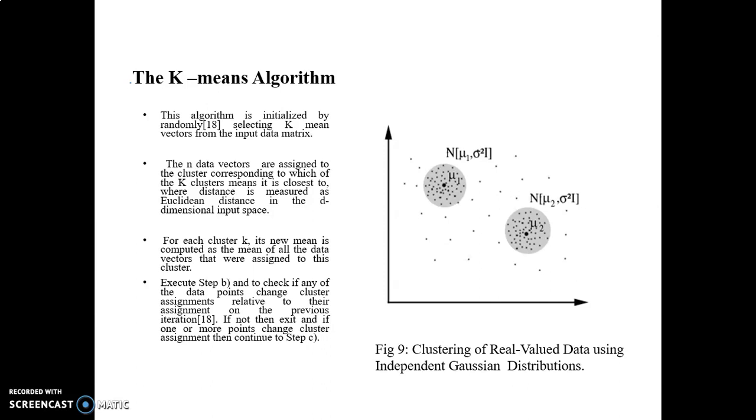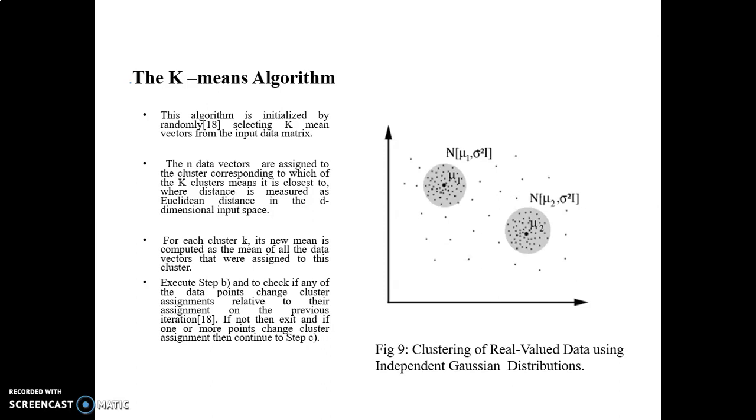Suppose I want to choose this portion, so I have to make a cluster on this portion. Based on this cluster I have to find the minimal distance cluster, and the way we are finding the minimal point is based on the Euclidean distance.